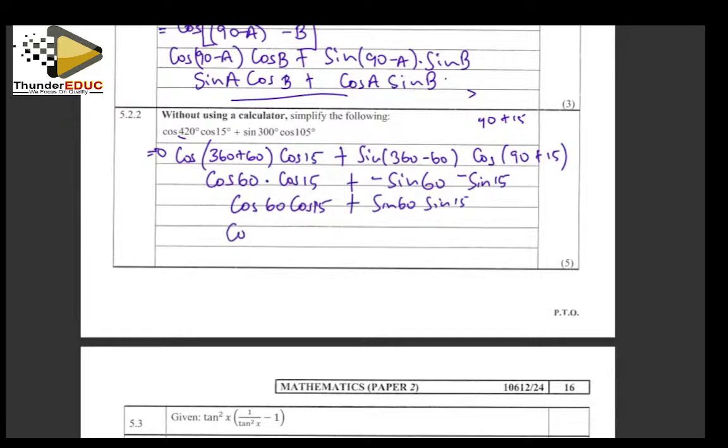So which means it's going to be the cos. What is 60? Is it a minus or plus? That's going to be 60 minus 15, which is the cos of 45. And the cos of 45 is the same as 1 over root 2. So that would be the answer if we don't have a calculator. Alternatively, some people would have a root 2 over 2. Nevertheless, that should be how this question should be approached.